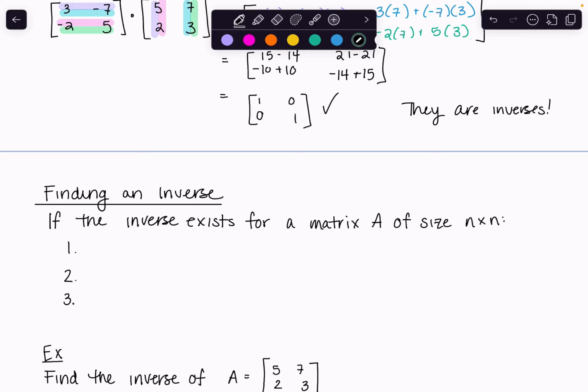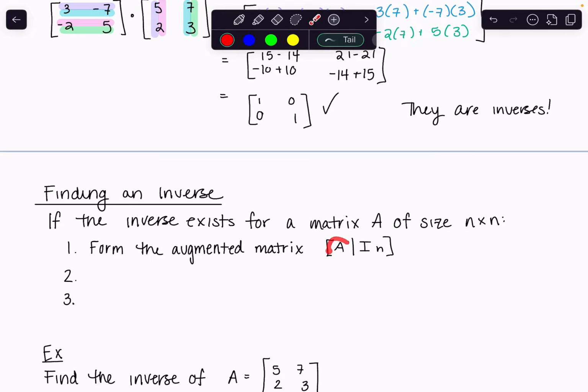Again, the way to check if an inverse exists, you need to make sure the determinant is non-zero. So the very first thing you're going to do is form the augmented matrix where we put A on one side and then the identity matrix of the same size on the other, okay?